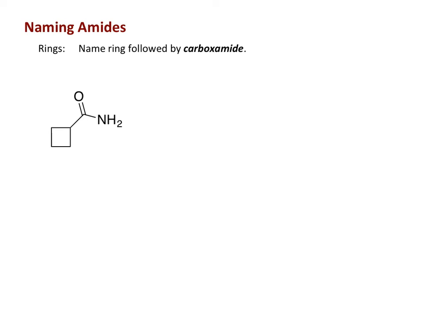If it's on a ring, we name it as carboxamide, and that just comes from, if you have a carboxylic acid on the ring, you'll name the ring followed by carboxylic acid. Well, here we drop the YLIC acid and change that to amide. So this one, here's carbon 1.